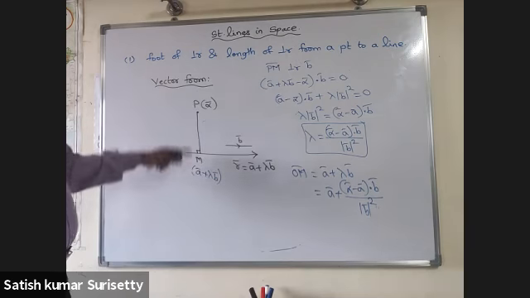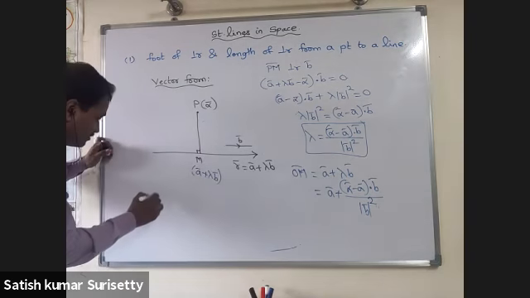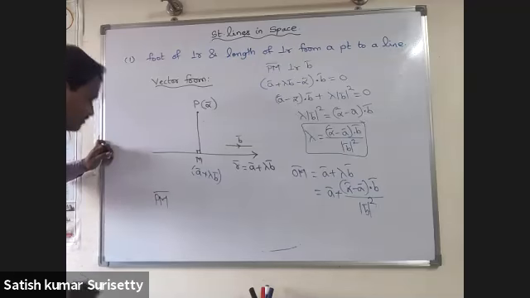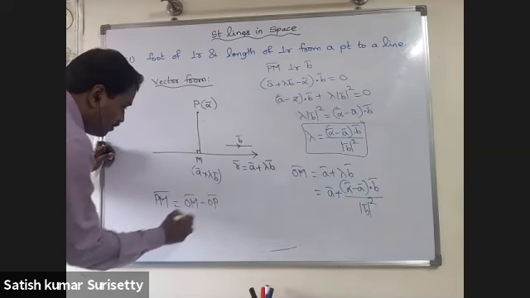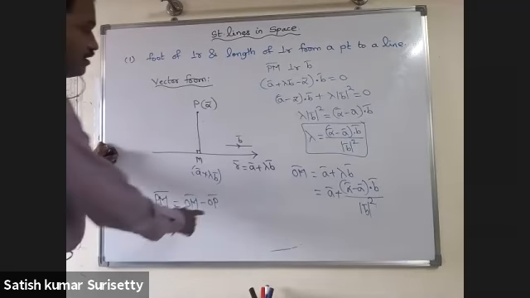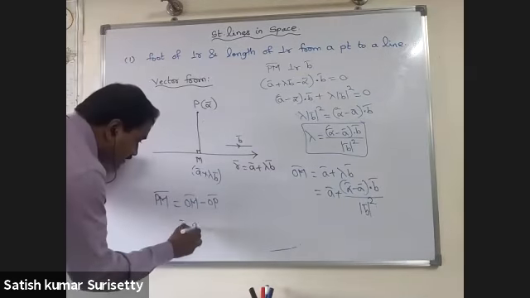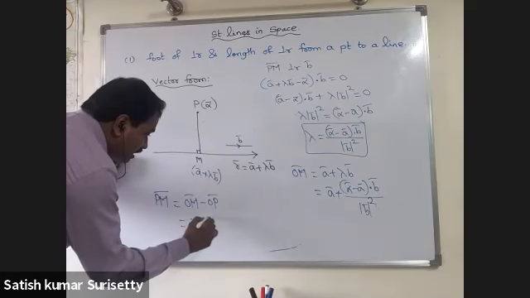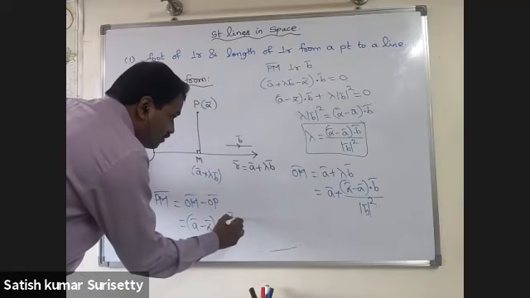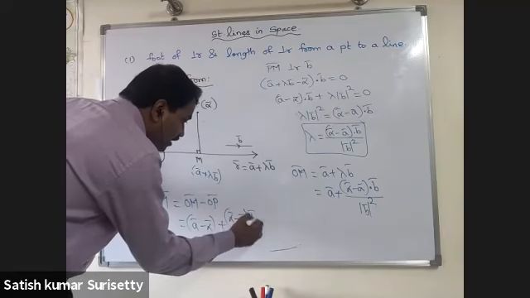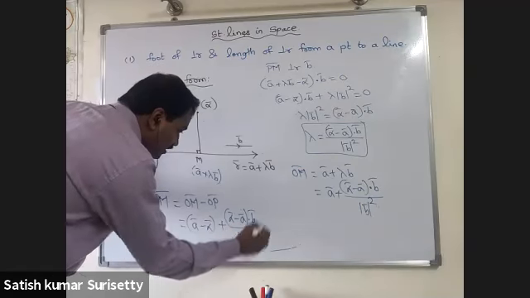Now the length of the perpendicular, let us calculate PM bar. So PM bar equals OM bar minus OP bar. Now OM bar minus OP bar is a bar minus alpha bar plus (alpha bar minus a bar) dot b bar upon modulus of b bar square.